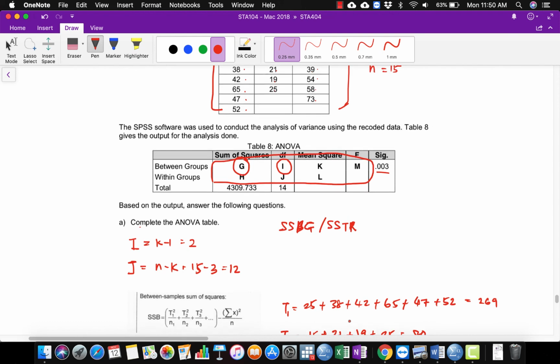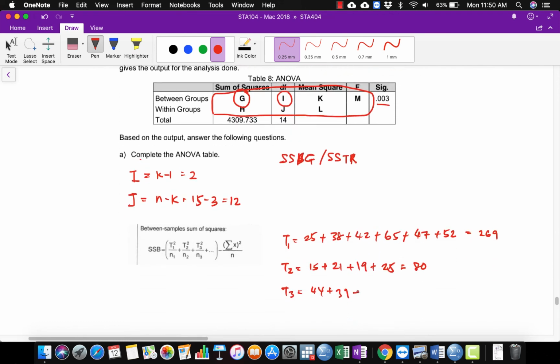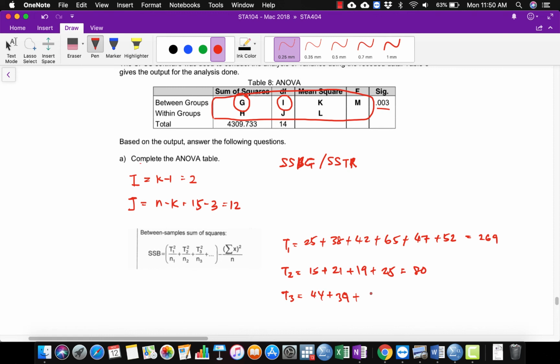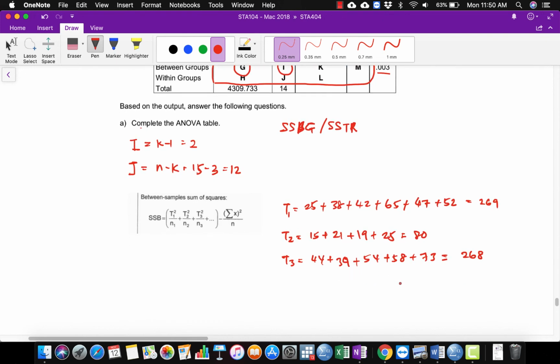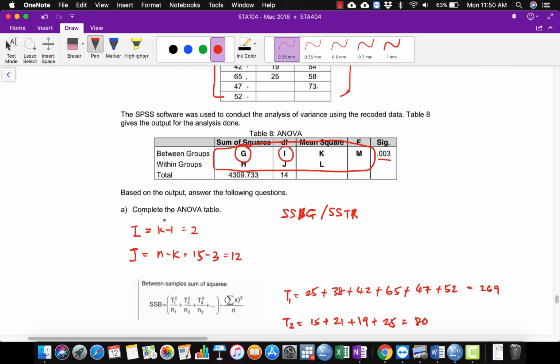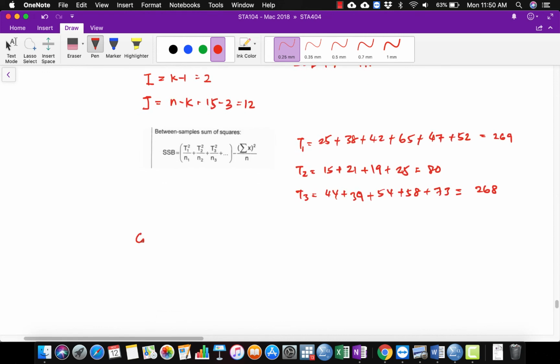And T3 should be equal to 44 plus 39 plus 54 plus 58 plus 73, which should be equal to 268. Based on this formula, what we want to find is G. So G should be equal to 269 to the power of 2 divided by our sample size for group number 1.